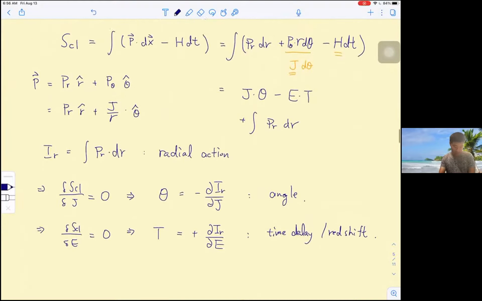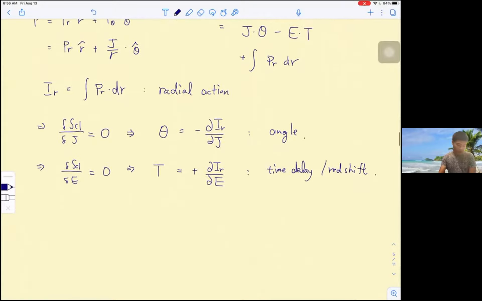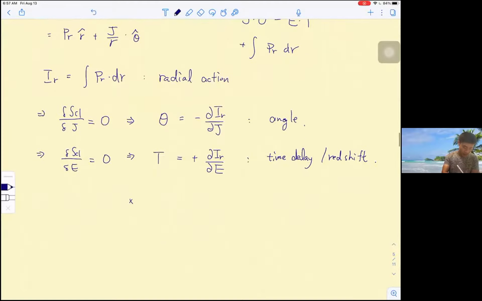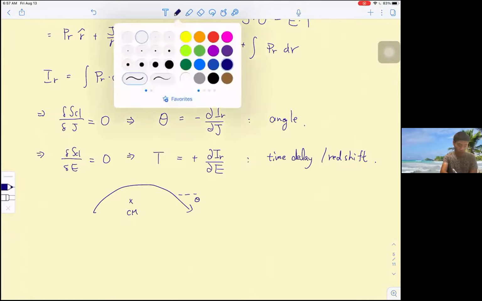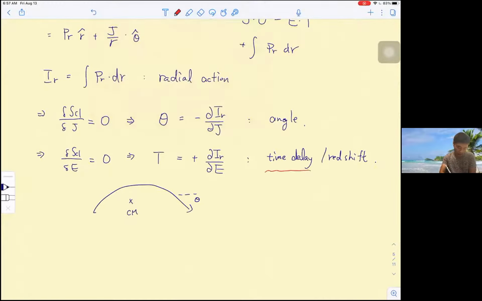Okay. And the angle is probably obvious when you have a center of mass. When you have a scattering, the angle is just what you have from the scattering. The time delay is something you get when you compare with a free particle: because of the presence of the two-body potential, the total time would be different from the free particle case, and that's also related to a very popular topic now, causality.